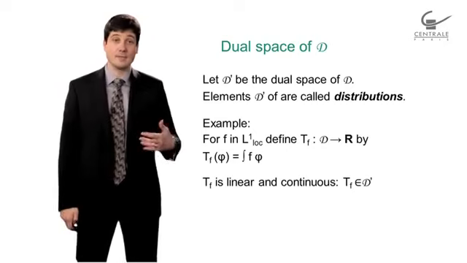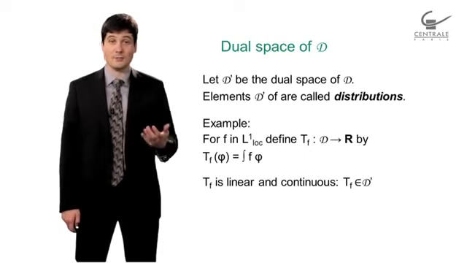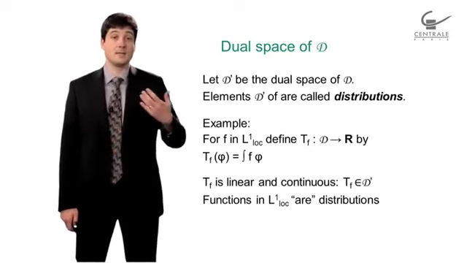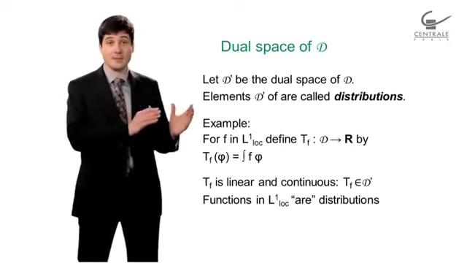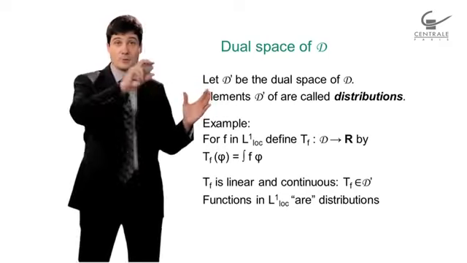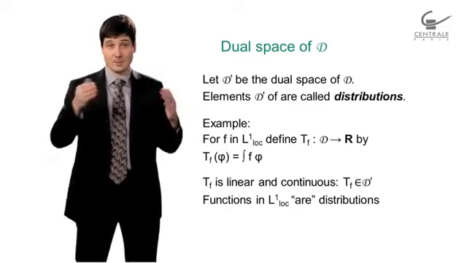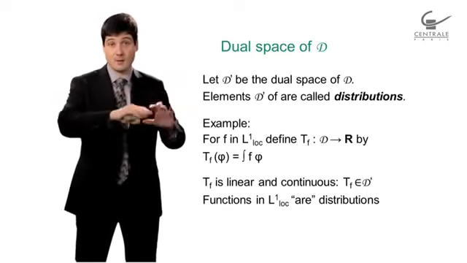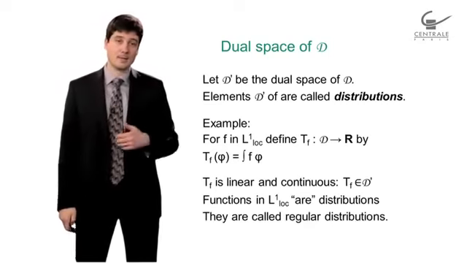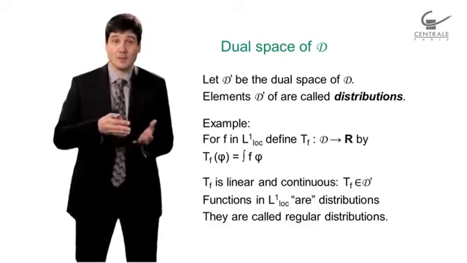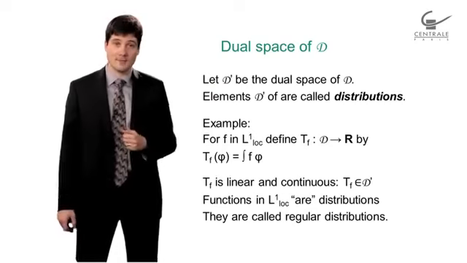Now, Tf is linear, and it is continuous, so it is an element of D prime. It is a distribution. So what I'm saying is that any function f in L1 loc can be associated to a distribution Tf, because I can just define Tf of phi as the integral of f times phi. And actually, these distributions are specifically called regular distributions because they come from functions f that are defined this way.